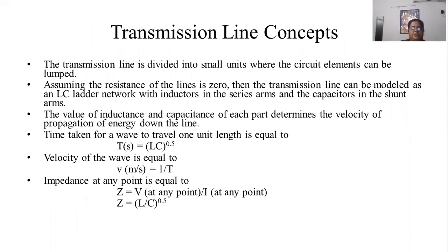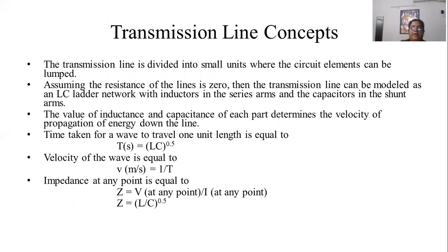Transmission line concepts. The transmission line is divided into small units where the circuit elements can be lumped. Assuming the resistance of the line is 0, the transmission line can be modeled as an LC ladder network with inductors in series arms and capacitors in the shunt arms.